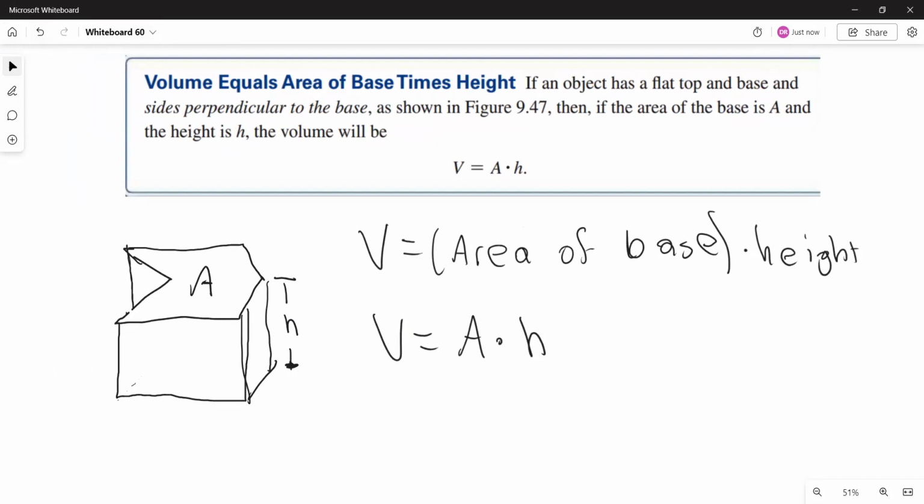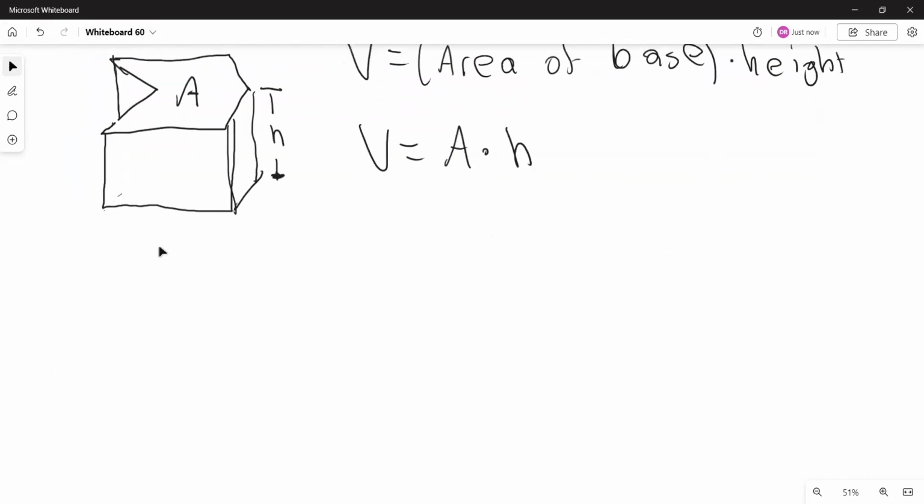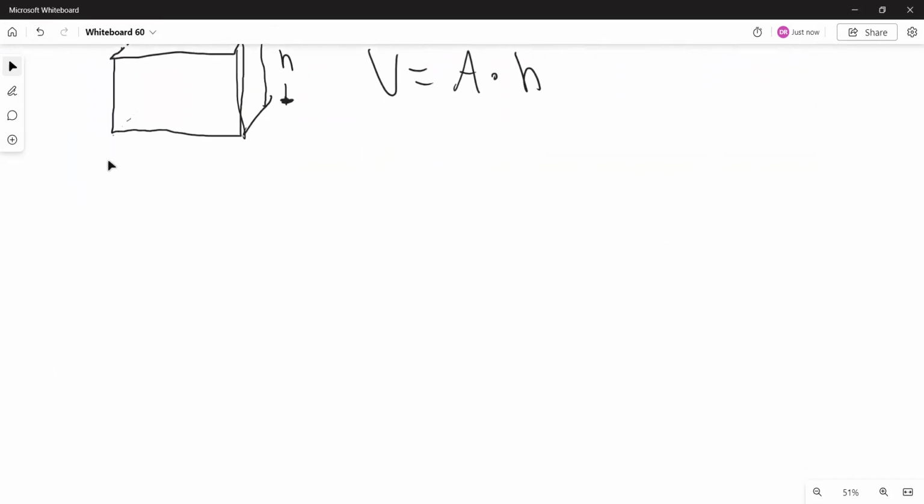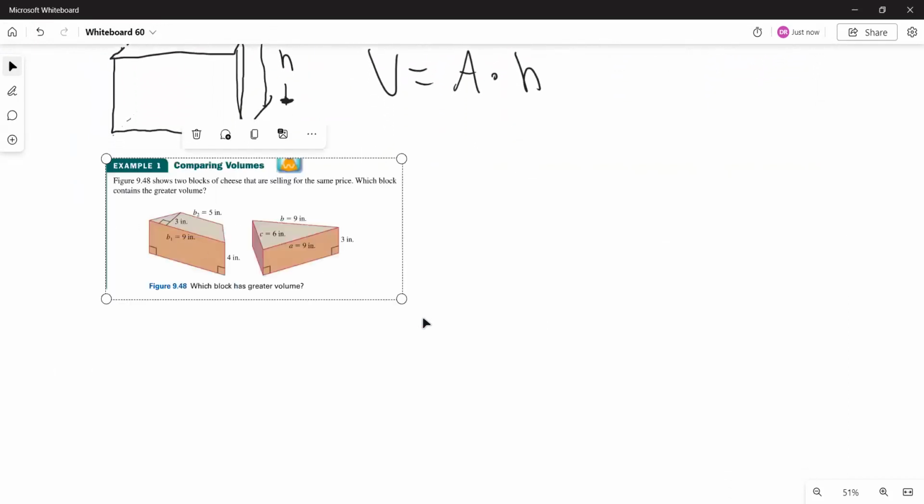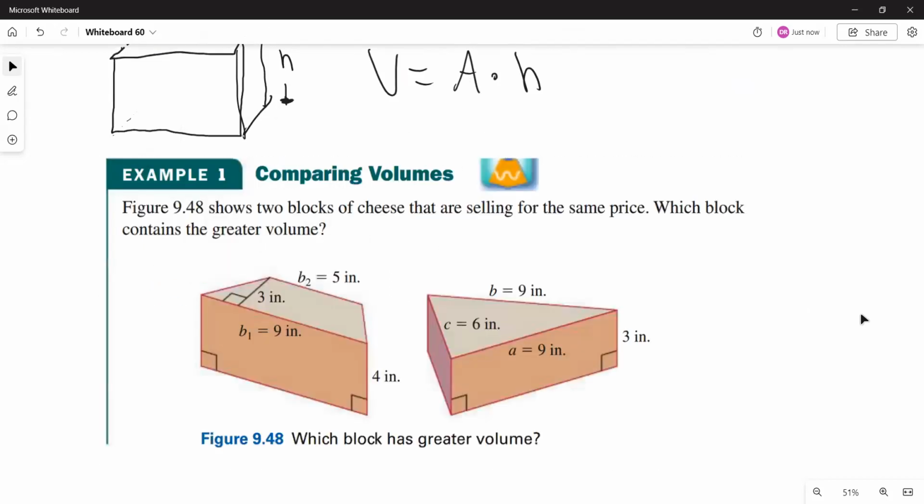We're going to go over example 1. The figure below shows 2 blocks of cheese that are selling for the same price.